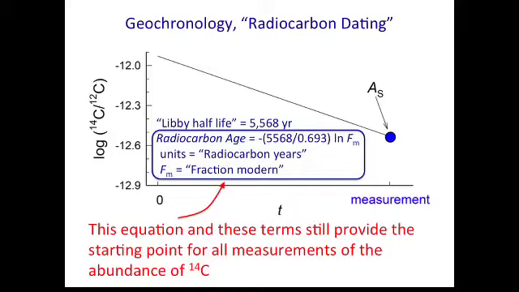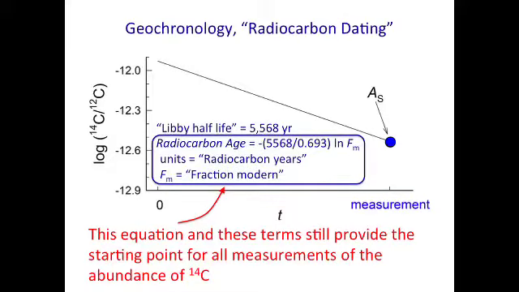And he estimated, by using this technique in which he dated known artifacts that were English land deeds that were ancient and had a particular date, Tutankhamun's tomb and various Egyptian artifacts for which historical dates had at least been estimated, he came up with a half-life of 5,568 years, which we refer to as the Libby half-life.